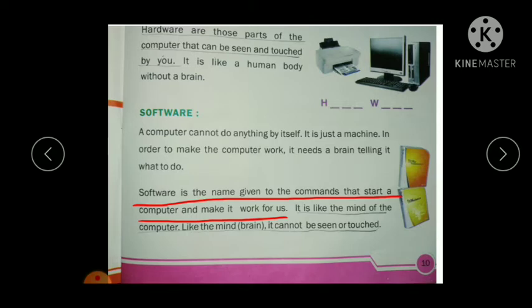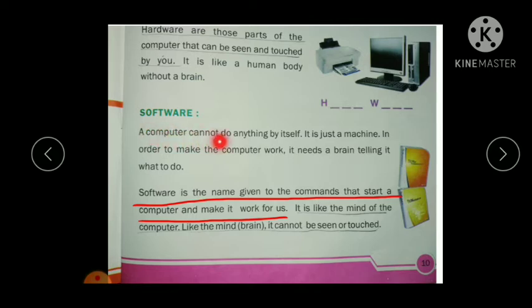Software means a set of instructions to the computer to do a particular work. You can neither touch nor feel software.